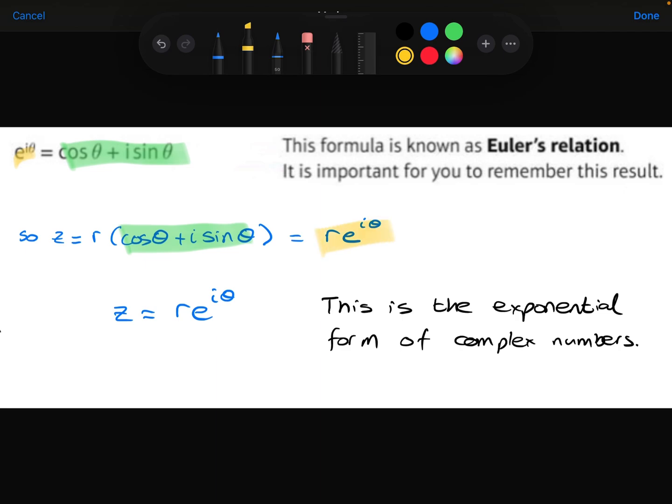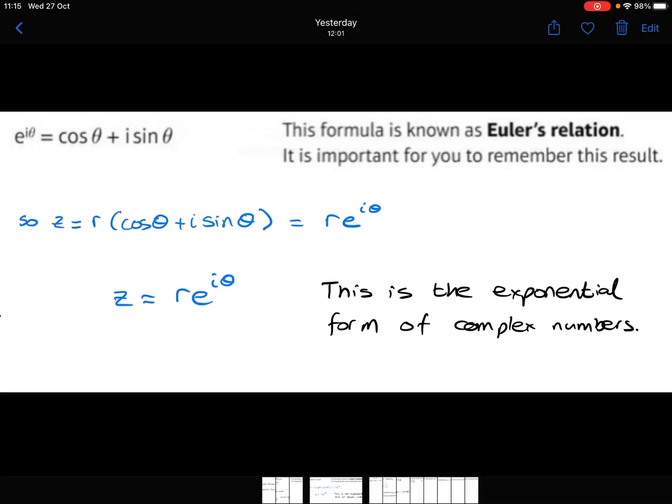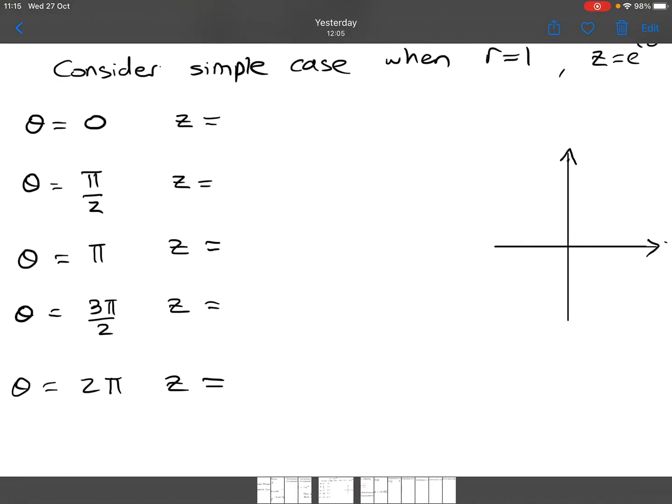So this gives us our new way of writing complex numbers. This is the exponential form of complex numbers. So my complex number z is equal to the modulus r times e to the i theta, where theta is the argument. So we now have a third way of writing complex numbers.